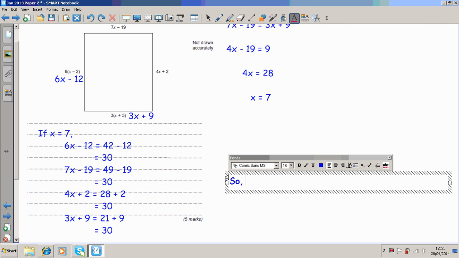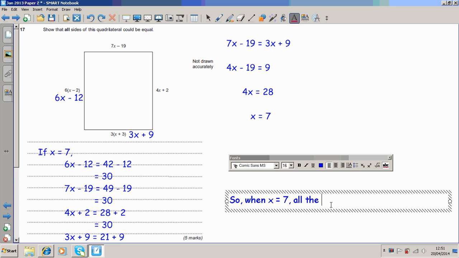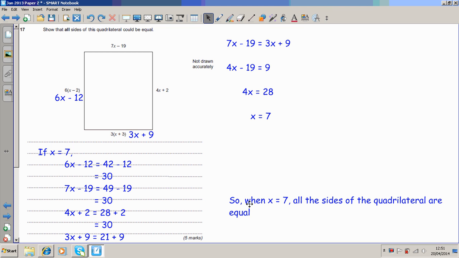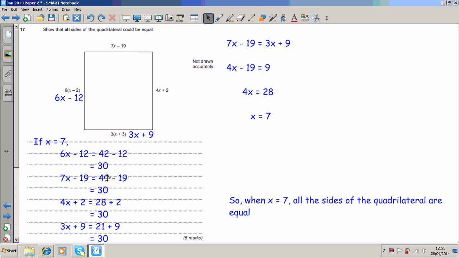So, when x equals 7, all the sides of the quadrilateral are equal. And there's our answer to that one.